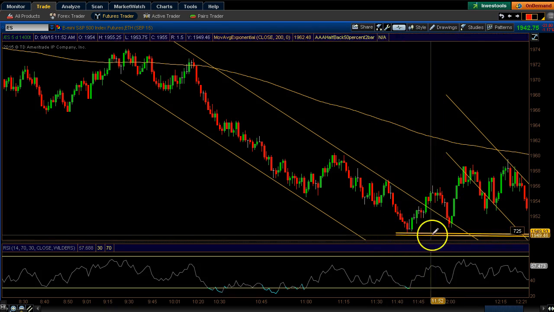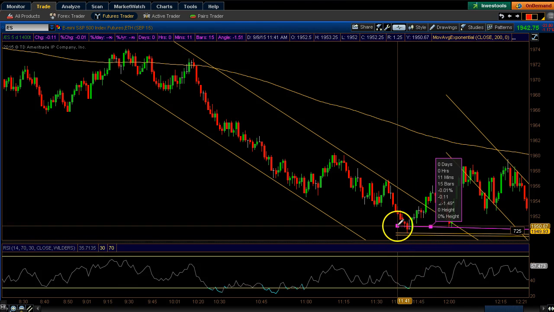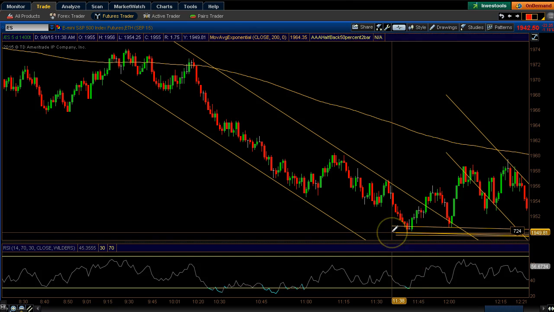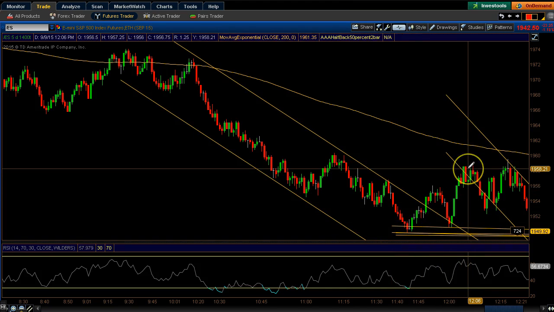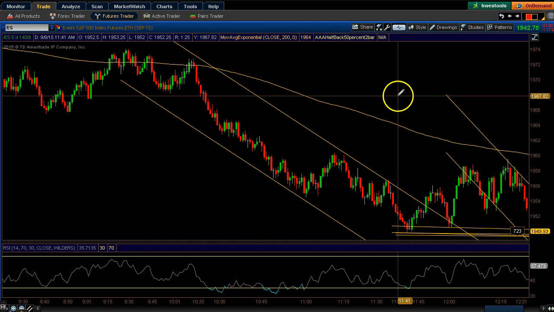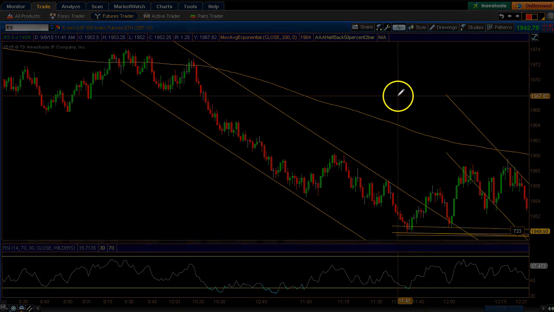So we're only risking a little bit, while our profit potential is very high. Also, our probabilities of entering this trade are very high. So that's how to trade the 1400 tick chart with the trend lines.